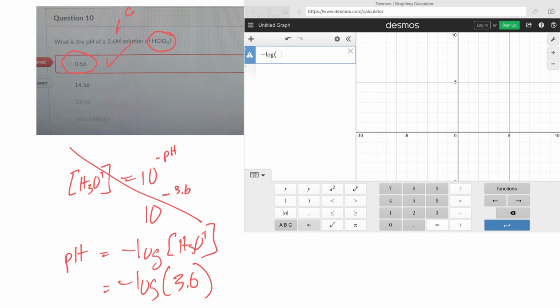Log of 3.6. There we go. Negative 0.55, or they probably don't have a negative one there. So the 0.56, that's the one I'd be going with right there. So you were right on that one. Okay, hopefully that helps you in moving back and forth between pH and hydronium, pOH and hydroxide, and back and forth between pH and pOH.